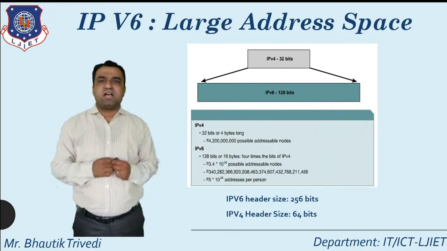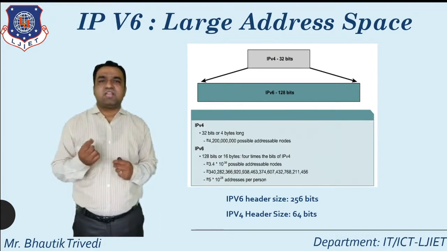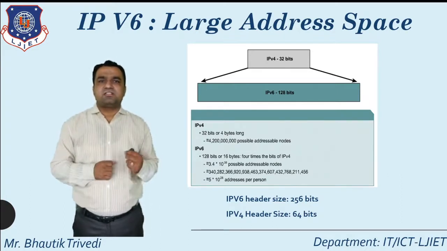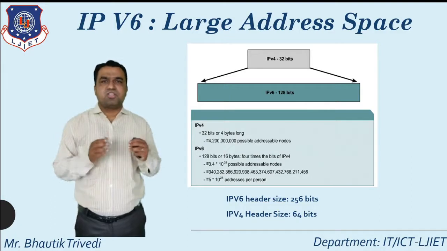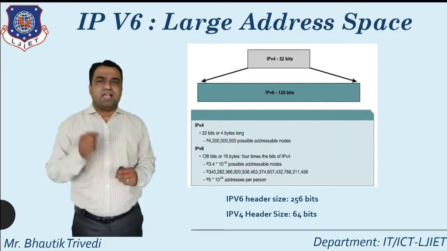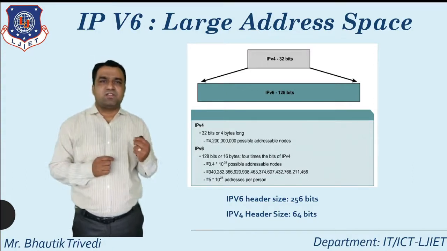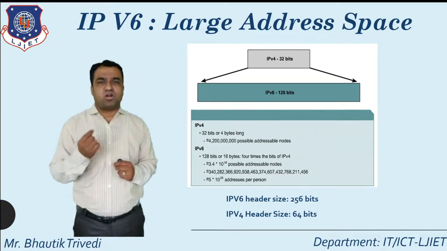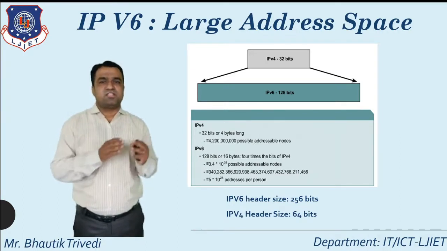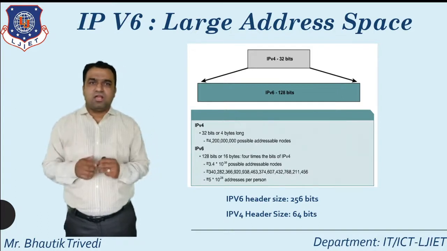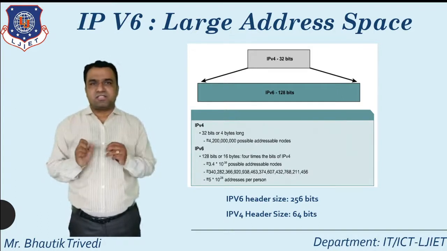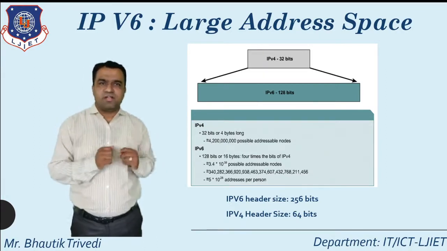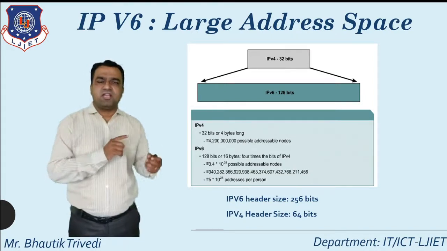So what is the header size of IPv4? The header size of IPv4 is 64 bits and the header size of IPv6 is 256 bits. So with this large address space, at least you know how many bits each version contains. Remember one thing: the header size is 64 bits for IPv4 and 256 bits for IPv6. And in the normal calculation, IPv4 contains 32 bits and IPv6 contains 128 bits.